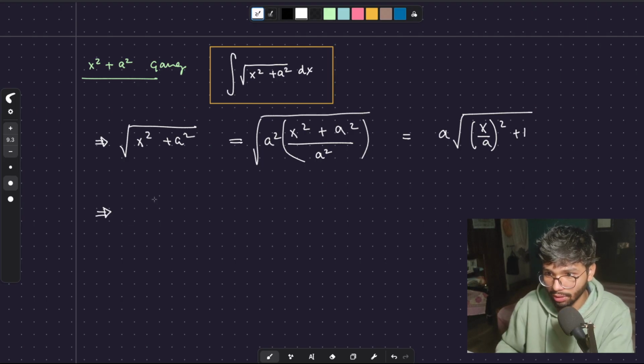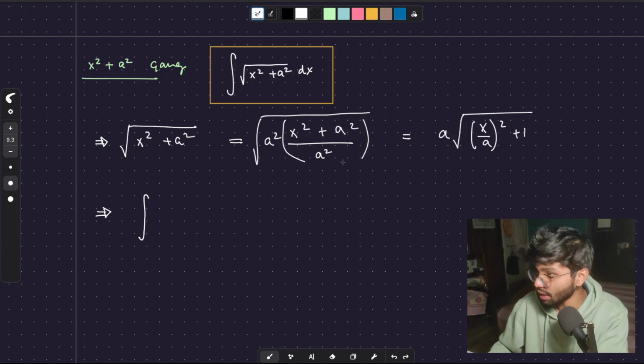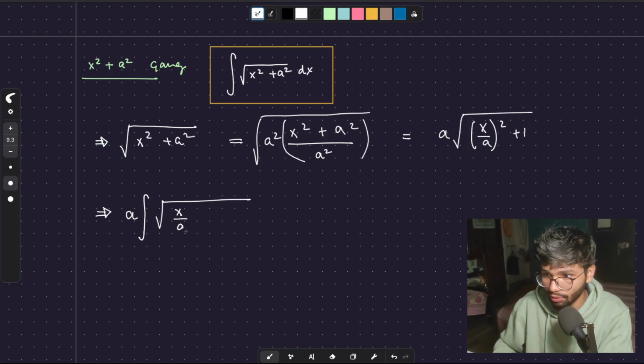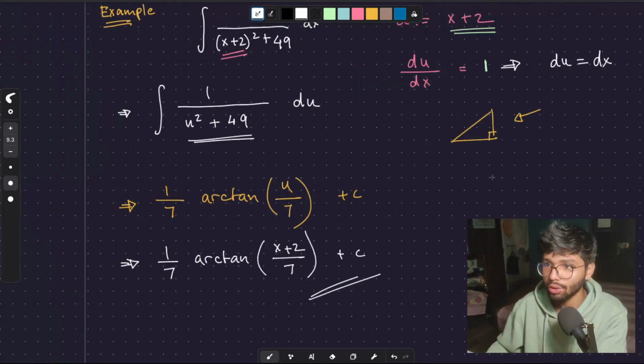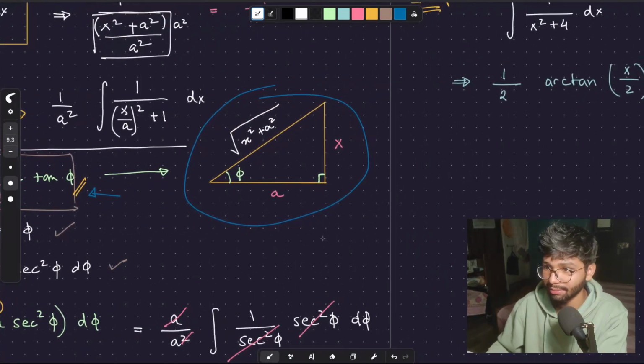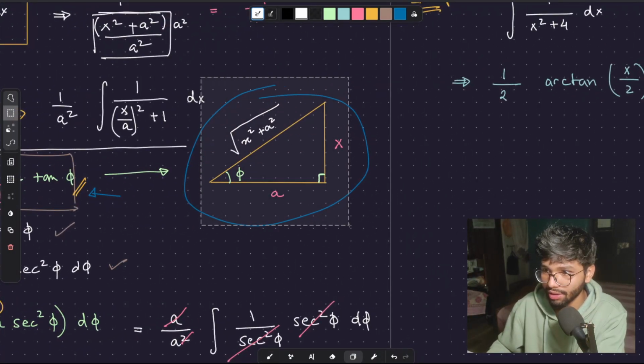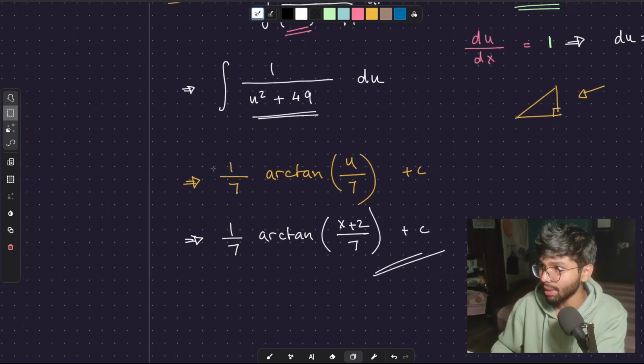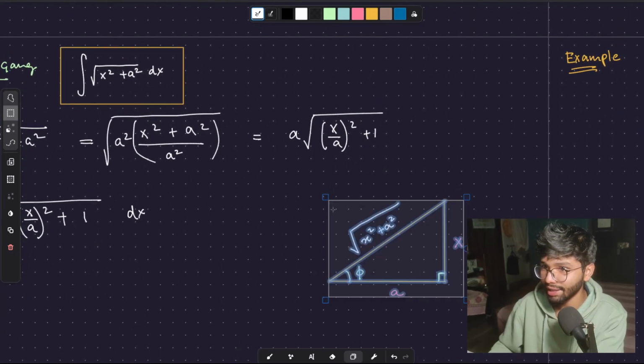So we will have this a outside the integral, because it is a constant, and inside we'll have the same thing, x over a squared plus 1 dx. Again, we'll use our good old three-sided buddy. Let me copy this over and paste it, because we're going to need it again and again.